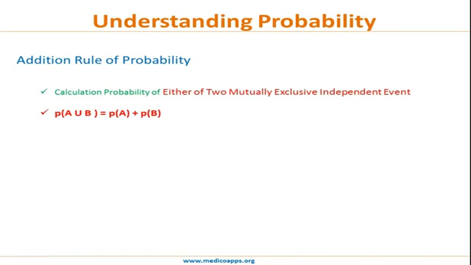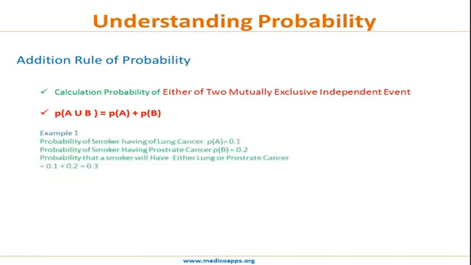So addition rule of probability is shown by P(A union B) equals P(A) plus P(B), which means probability of either A or B happening is equal to probability of A happening plus probability of B happening. If you see an example, probability of a smoker having lung cancer, that is P(A), is 0.1. Probability of a smoker having prostate cancer, P(B), is 0.2.